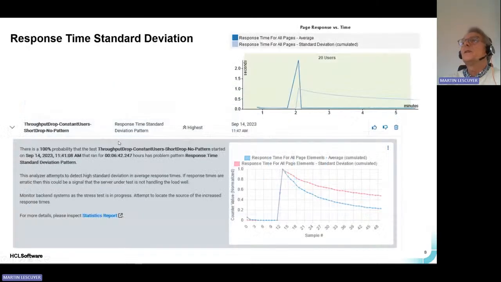And the last pattern we have delivered is what we call high response time standard deviation, which illustrates the fact that the response time is not really stable at all, right? So high standard deviation means the response time is not stable, which might be an issue indeed.